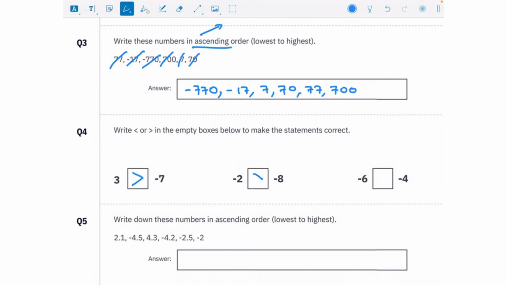So that's going to go that way round as well, with the minus 2 at the bigger end and minus 8 at the smaller end. And with the next one, minus 6 is smaller than minus 4. So we're going to go that way round to show that minus 4 is bigger because it's at the bigger end of the inequalities. So we would read that as 3 is greater than minus 7, minus 2 is greater than minus 8, and minus 6 is less than minus 4.